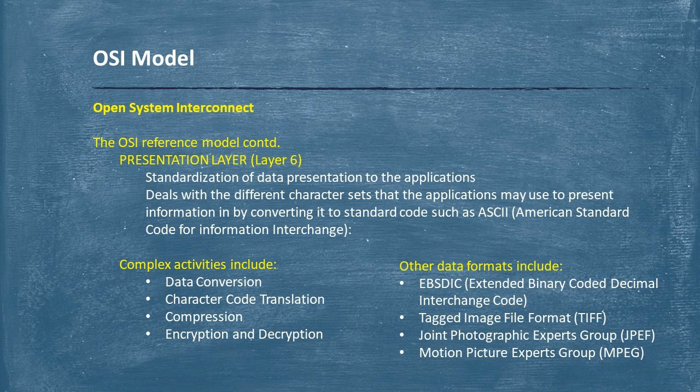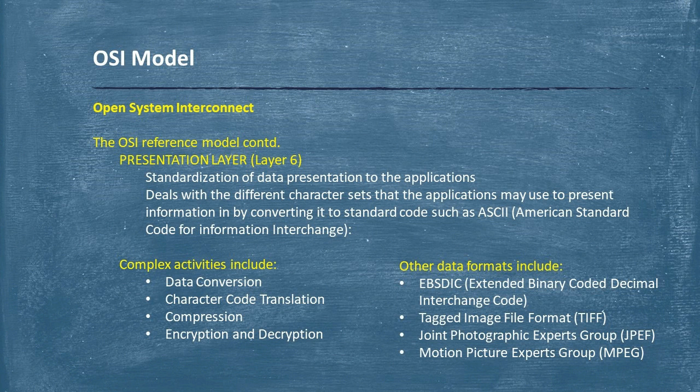The standardization of the data presentation to the application is the function of the presentation layer. There are data formats like EBCDIC and TIFF. TIFF is used for images, like JPEG, and MPEG for motion picture formats. There are various formats.